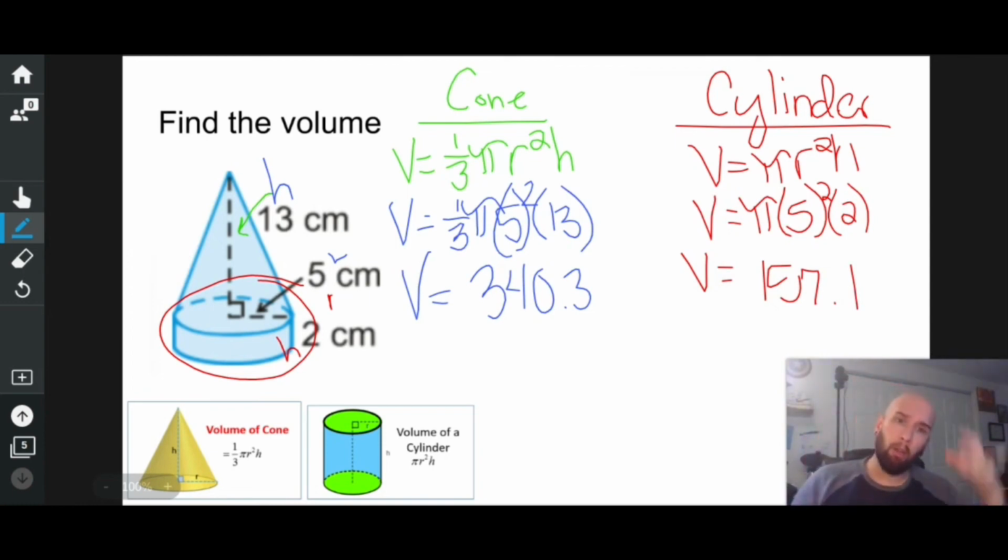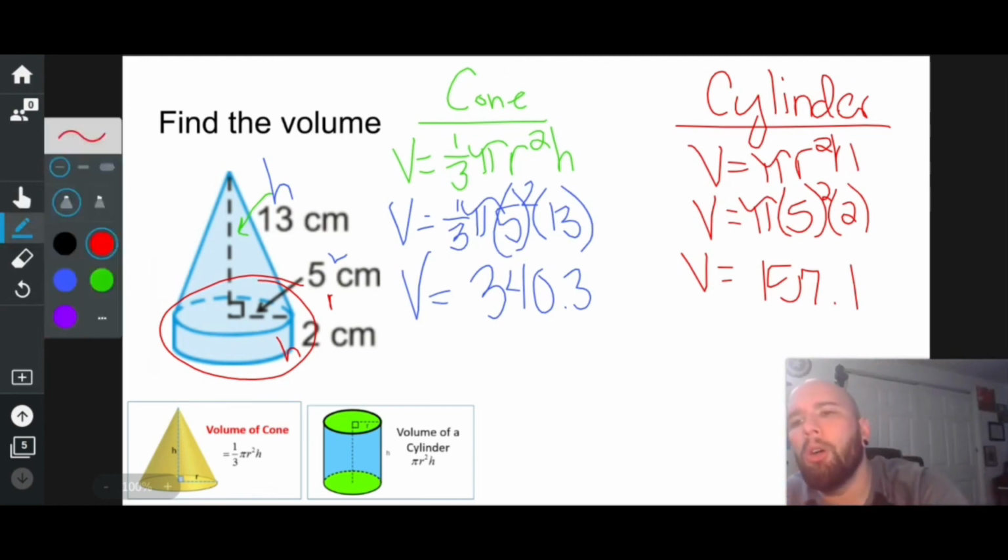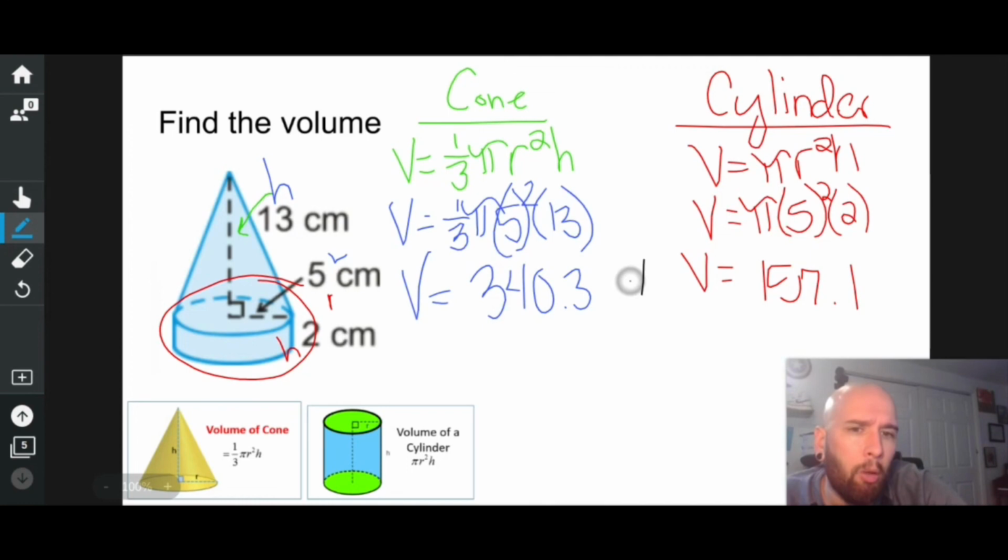Now that I have my cone up here and I have my cylinder down here, I'm going to glue them together. And the way I show my final answer is by adding those two up. So 340.3 plus 157.1. The answer is 497.4.